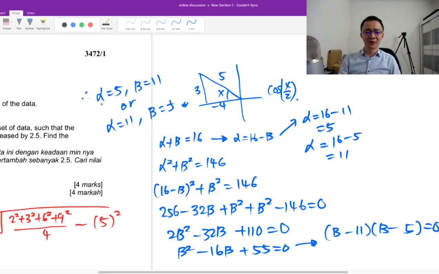So can I differentiate the working from the marking scheme, which gives you 4 marks? If your working is different from the marking scheme, will you get full marks or not? It depends on your examiner, the person who marks your exam paper. If he can understand, he will give you marks.